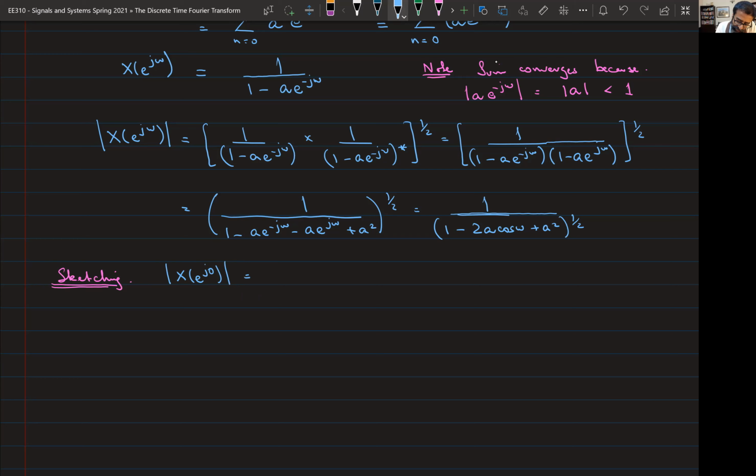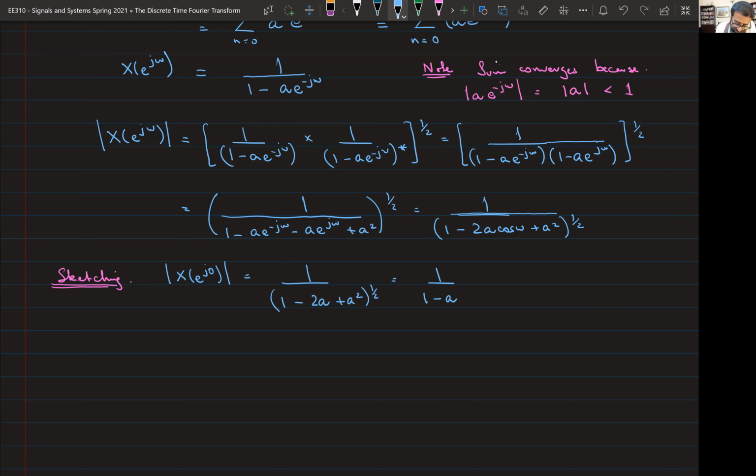What is this equal to? This equals 1 upon 1 minus 2a plus a squared, raised to half, and so this becomes equal to 1 upon 1 minus a.